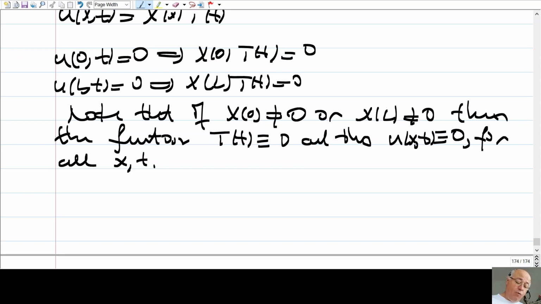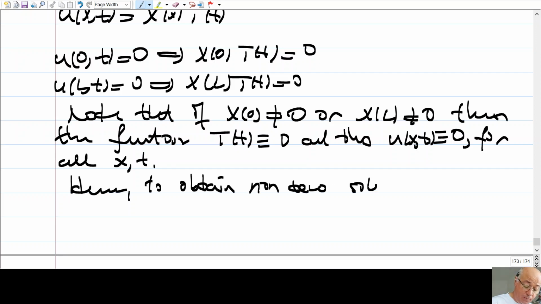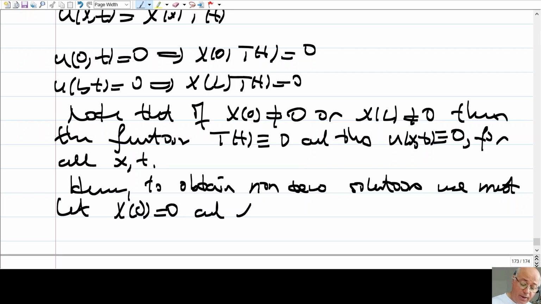So, to avoid obtaining this trivial solution, I have to assume that x of 0 and x of L are both zero. Hence, to obtain non-zero solutions, we must let x of 0 equals 0 and x of L equals 0.